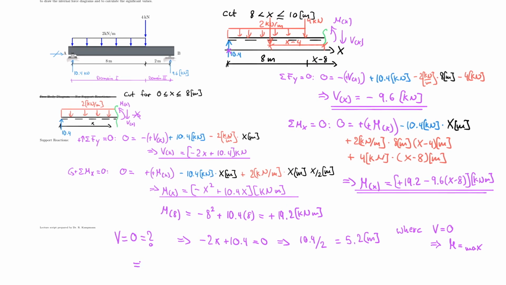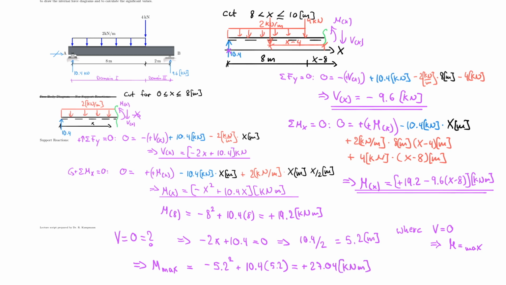So now I can calculate that m max is equal to minus 5.2 squared plus 10.4 multiplied by 5.2, which really is equal to plus 27.04 kilonewton meter.